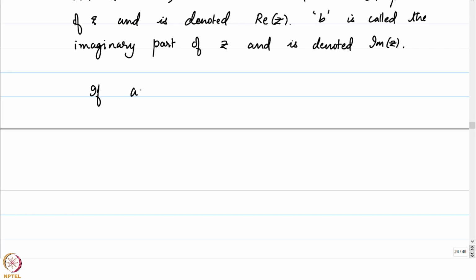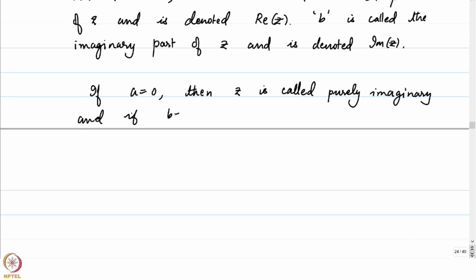If a is equal to 0, then z is called purely imaginary. There is no real part to it, it's called purely imaginary. And if b is equal to 0, then z is purely real, or is a real number.